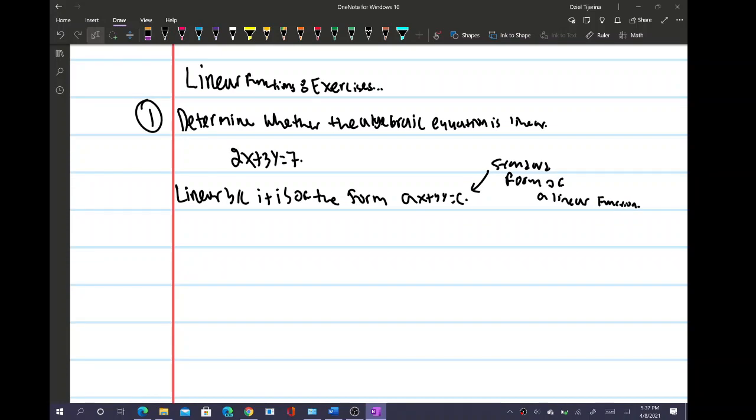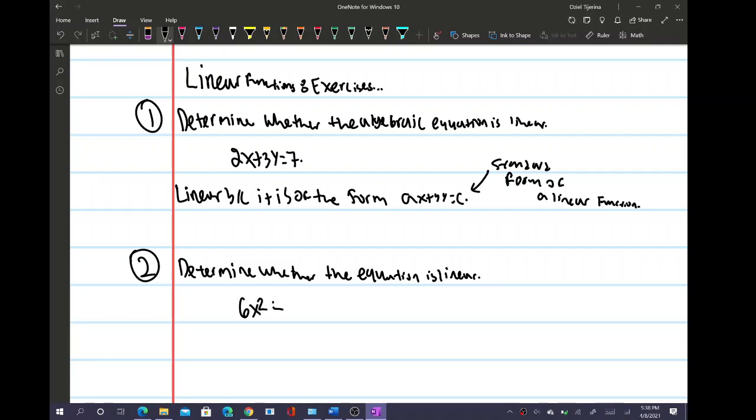Now, there's a second one that says determine whether the equation is linear: 6x squared minus y equals 5, right?